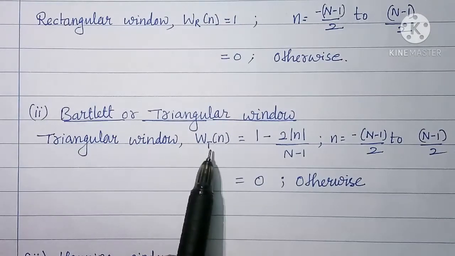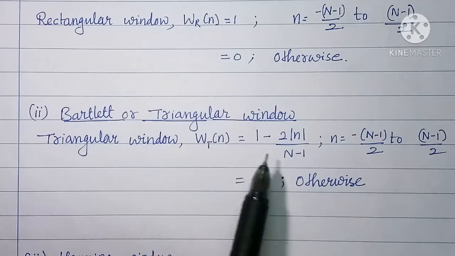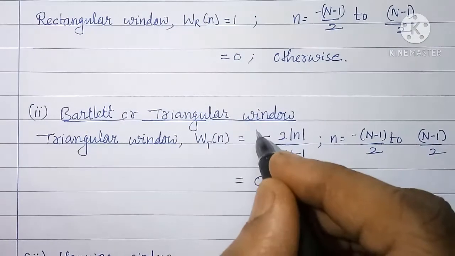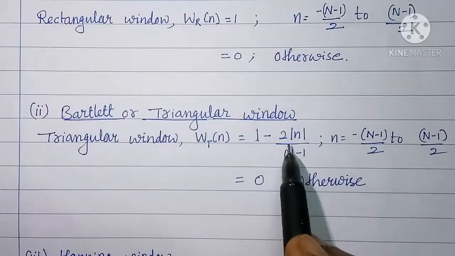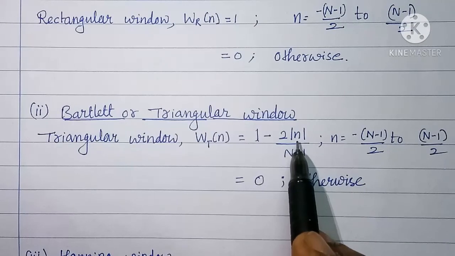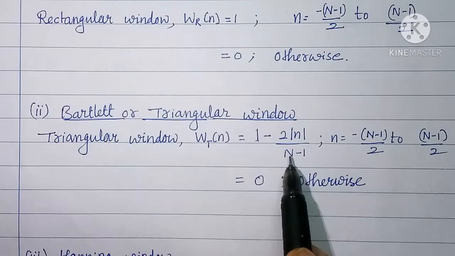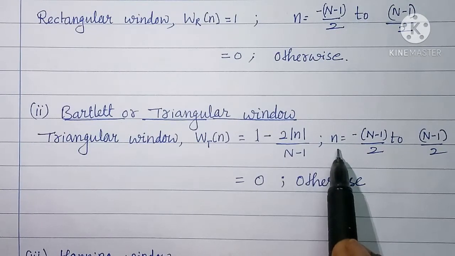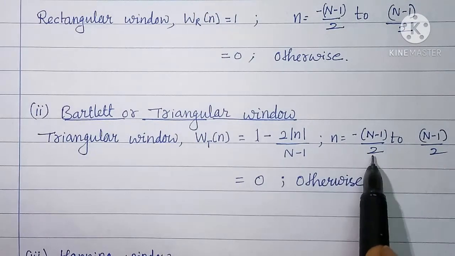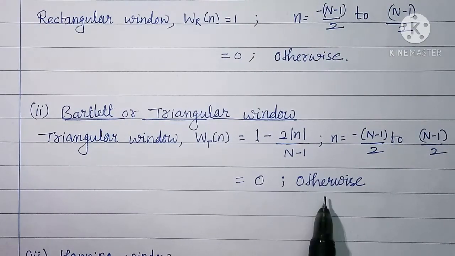Triangular window is denoted by WT of n and is defined as 1 minus 2 into absolute of n by (N minus 1), for n varying from minus of (N minus 1) by 2 to plus (N minus 1) by 2 and is equal to 0 otherwise.